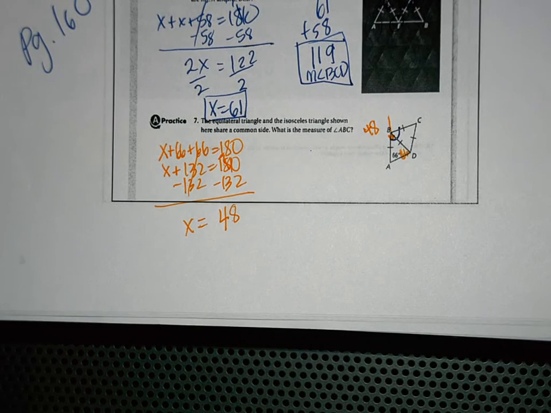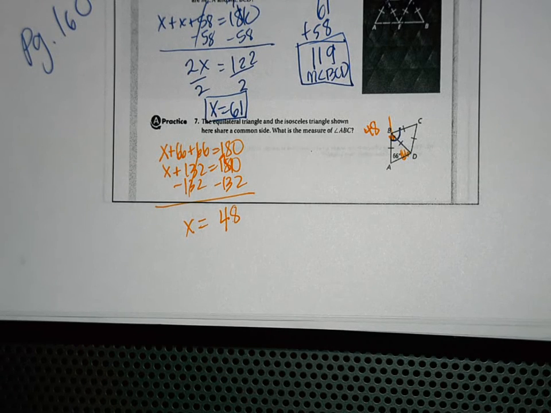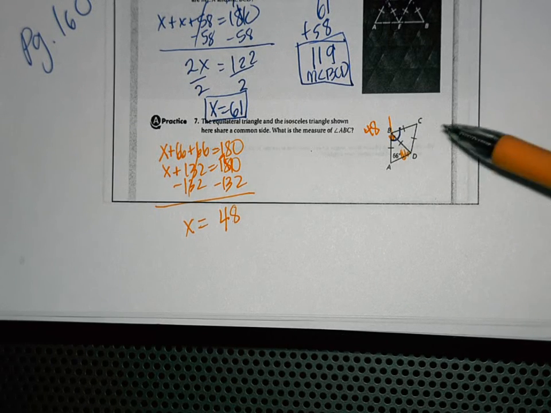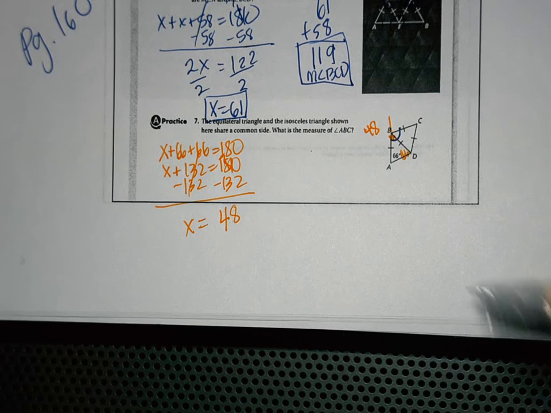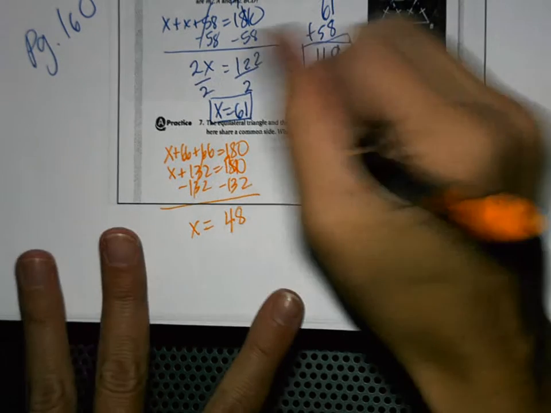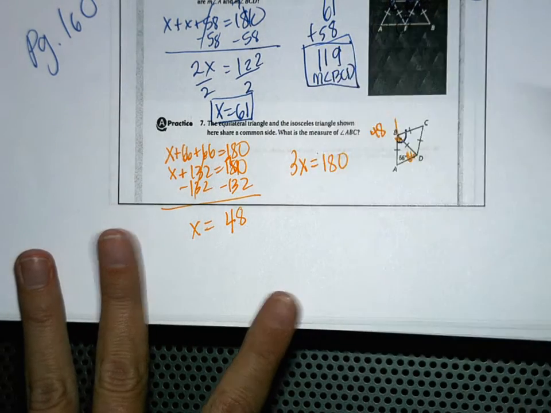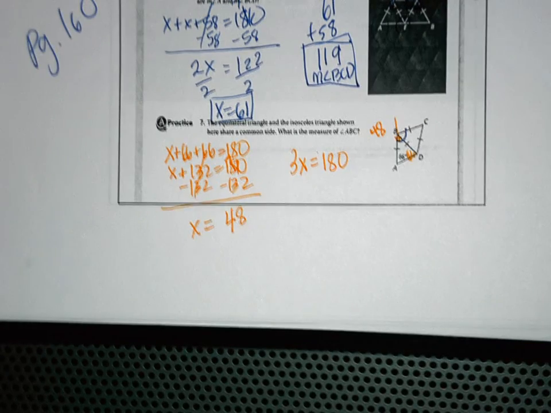Now, these slash marks, it's a separate triangle. We do not know what these angles are, but we know that all the angles are what? Equal. How many angles are there? 3. So we would write this as 3x equals 180, because x plus x plus x equals 3x. Each angle would be the same.